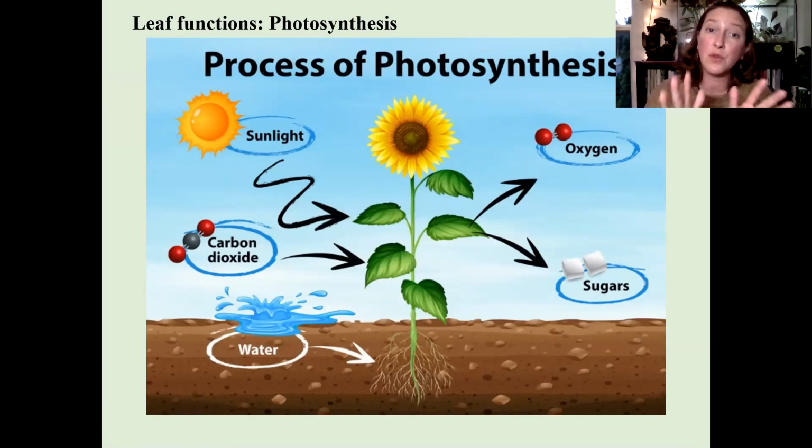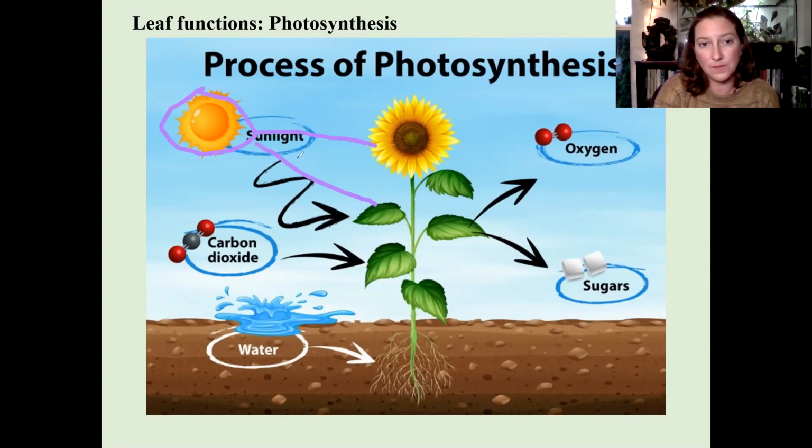But just to give you kind of an overview of what photosynthesis is, basically plants can take, let's see, what would be a good color to annotate on this slide? Purple. So this is a sunflower plant, right? And it's growing in dirt, and the sun is shining on it, right? Shining on the plant.